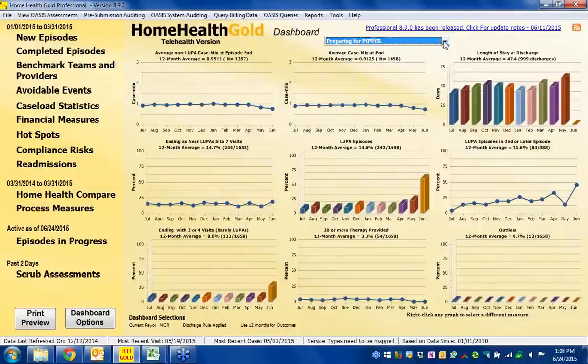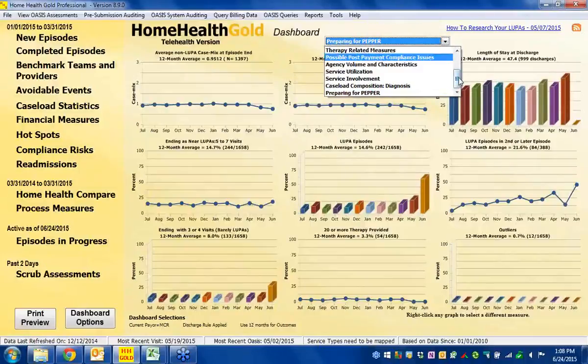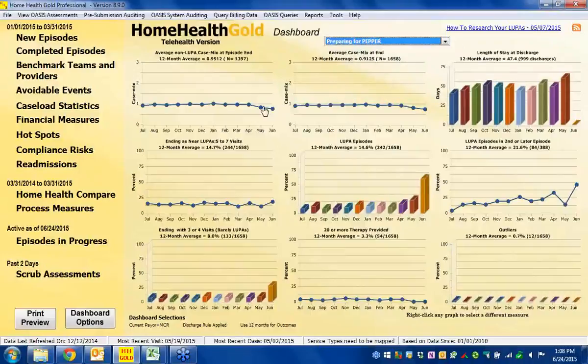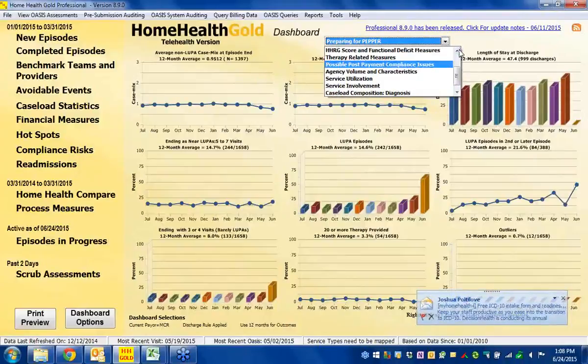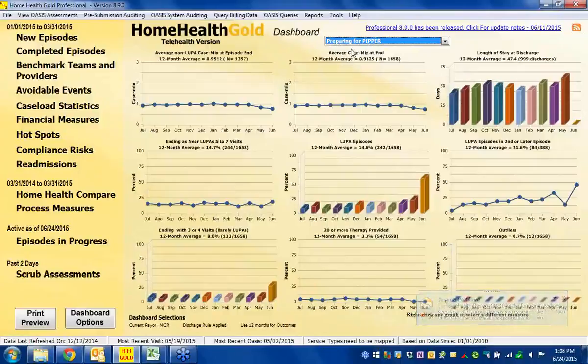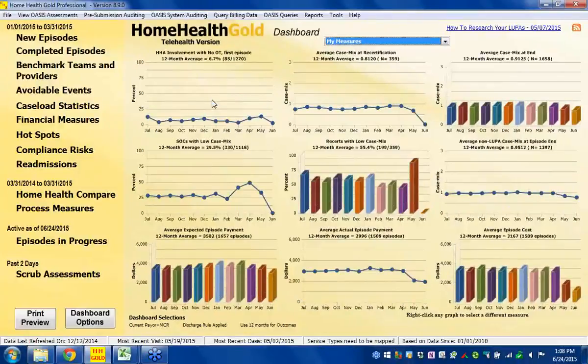Another thing that we've done with our dashboard graphs, which I think will be well received and appreciated, is the ability to give you a little bit of text about why each measure may be important. If I could click on the right things here, we'll get back to where I started from. There we go.